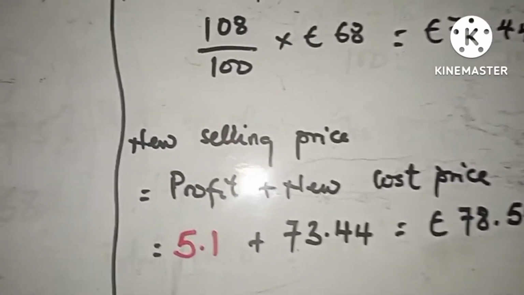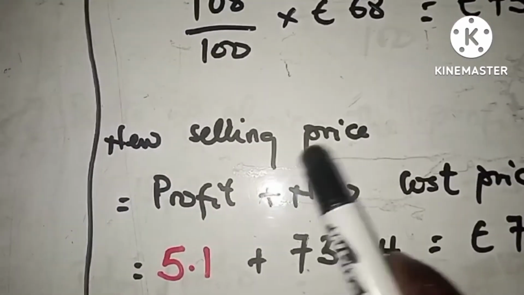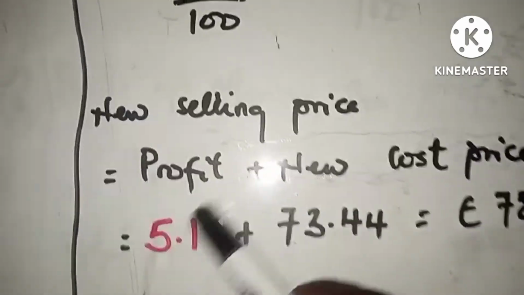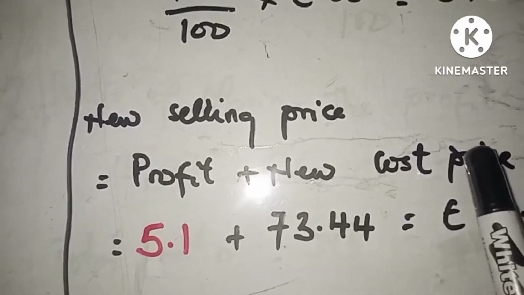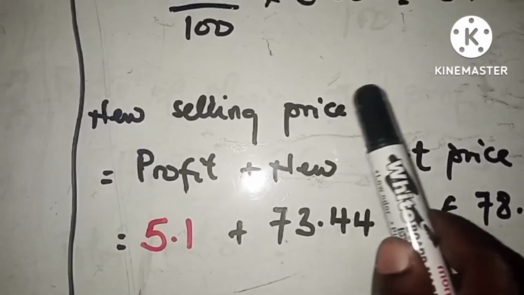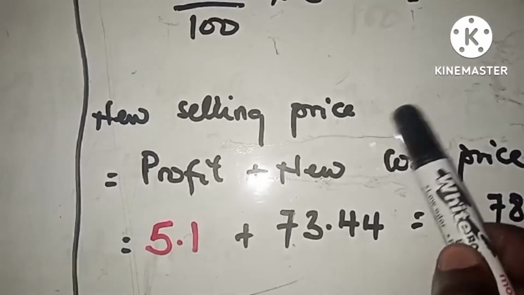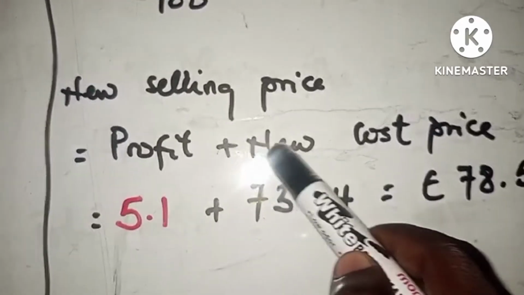What we are going to do here is that we know our new selling price, the price that we are going to sell the product at, should give us the profit plus the new cost. Remember, if you want to make a profit, then you have to account for the increased amount that you used to buy the item. So the profit that we made at the beginning plus the new cost.